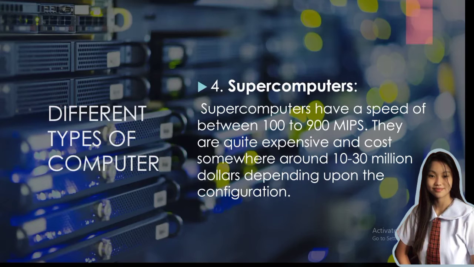These computers are used in satellite tracking, nuclear weapons, weather forecasting, etc. Examples of supercomputers are Cray Research, Cyber 205, Intel ETC, Param 8000, Param 8600, and Param 9900 SS.